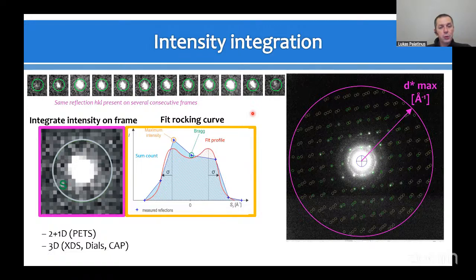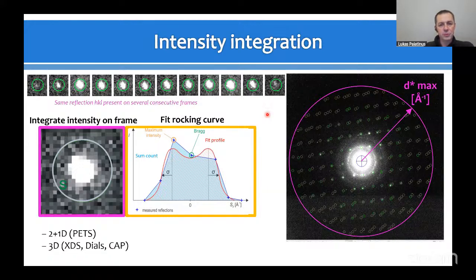Or you can directly fit all the frames together, and you can fit a 3-dimensional profile to all these intensities together. And that's a 3D approach that is used by XDS, also, as far as I know, by DIALS and CrysAlisPro. But basically, the idea is always the same.